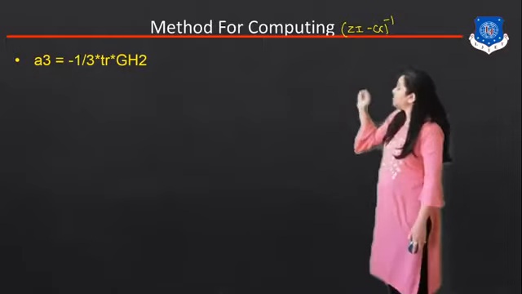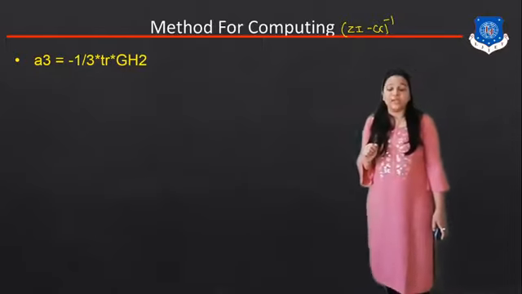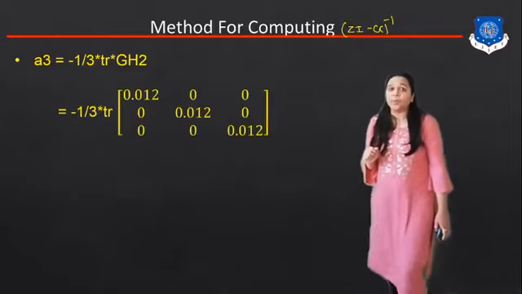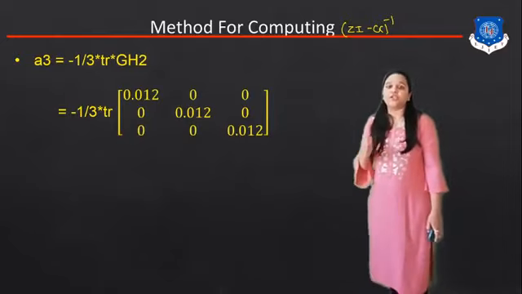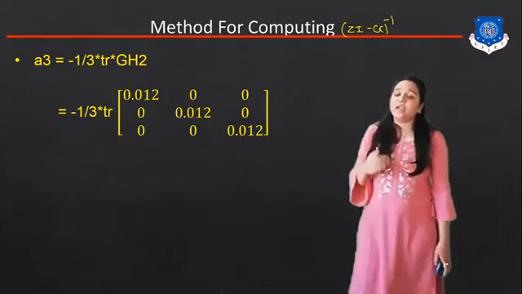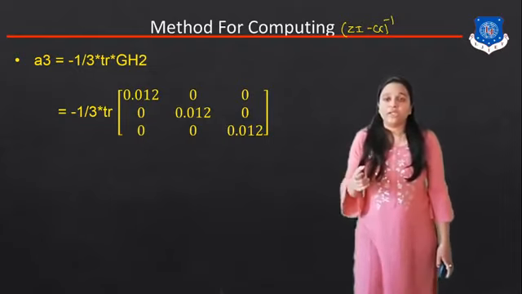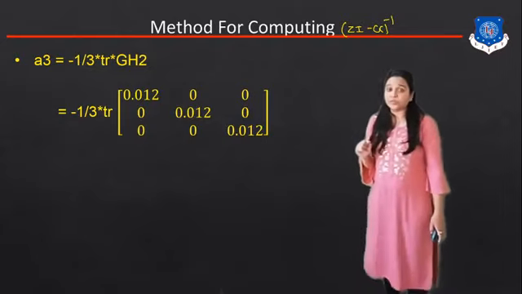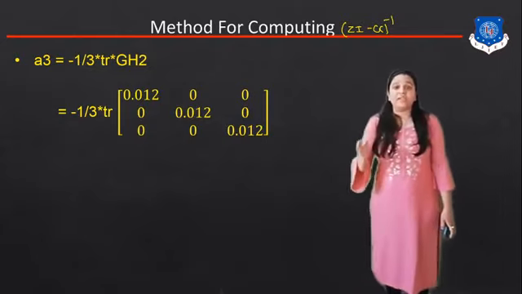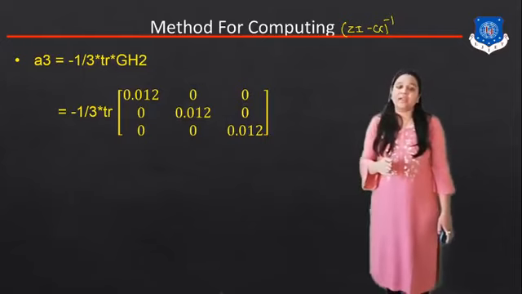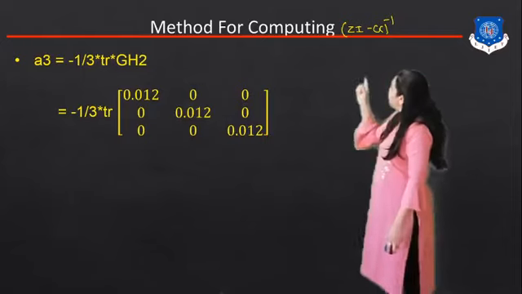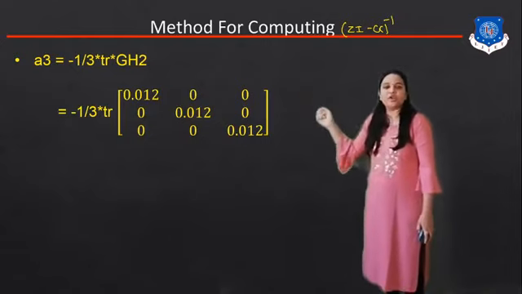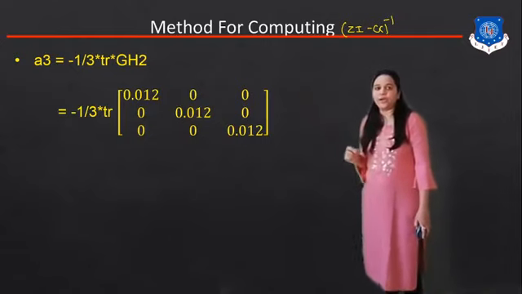So the next is we have to find the value of A3. A3 is equal to minus 1 by 3 trace GH2. Put the value of GH2 in this equation, multiply, find the trace, and then divide by 3. Here, whenever we multiply G and H2, we get the matrix 0.012 0 0, 0 0.012 0, 0 0 0.012.